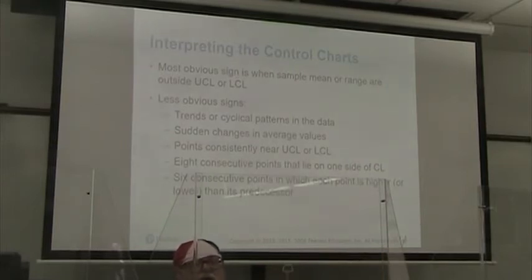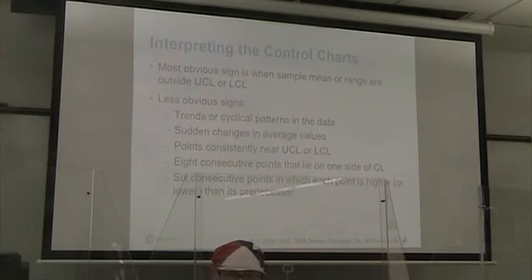All right, so when we interpret the control charts, the thing that tips us off most often is when the sample mean or the range are outside of the upper control limit or the lower control limit.